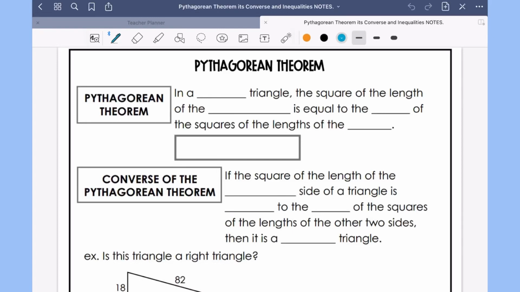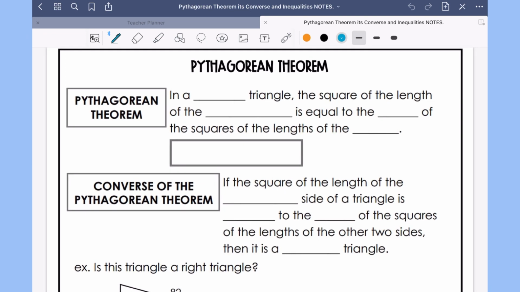Let's get started. The Pythagorean theorem is a theorem that involves only a right triangle. So it has to be a right triangle. If you recall, right triangles have to have at least one angle in the triangle that is 90 degrees. So just write that down in case you forgot that.